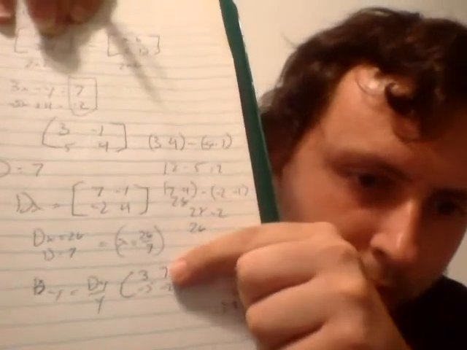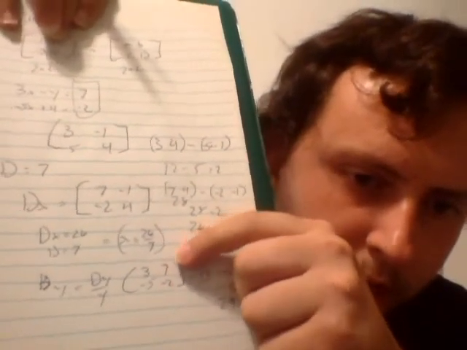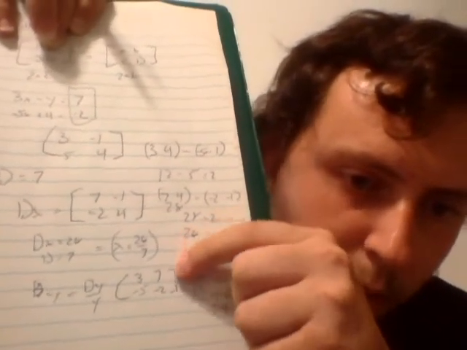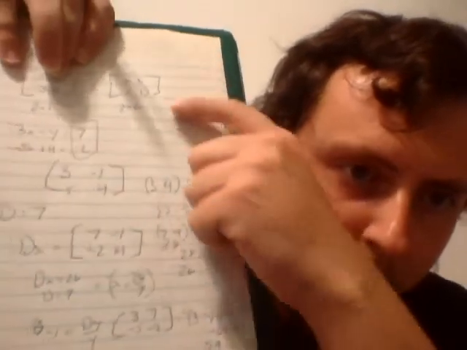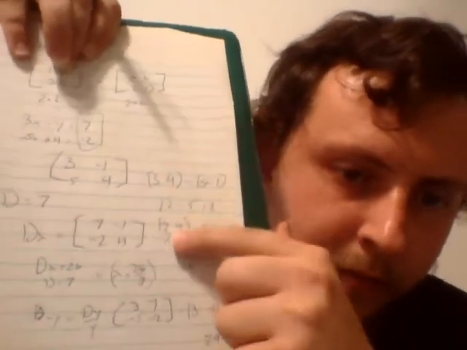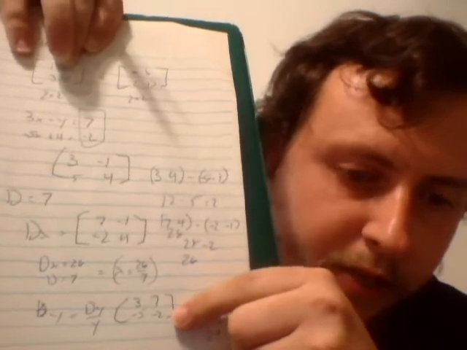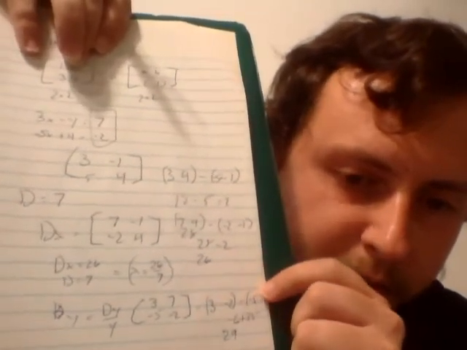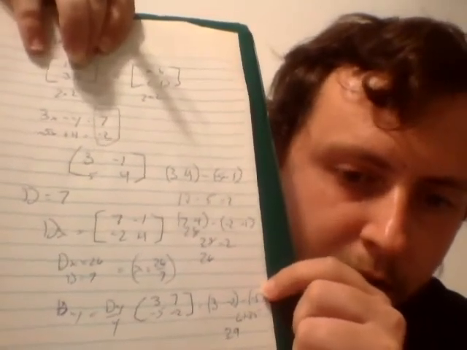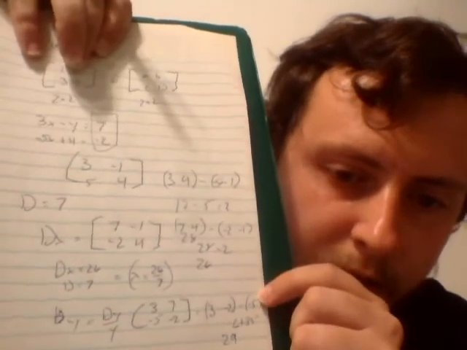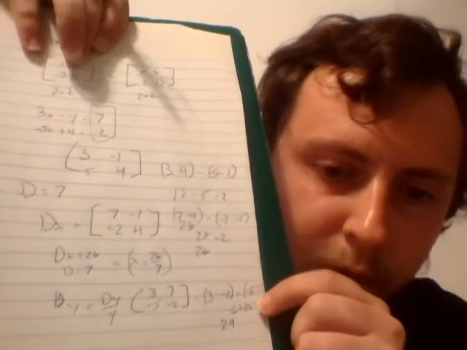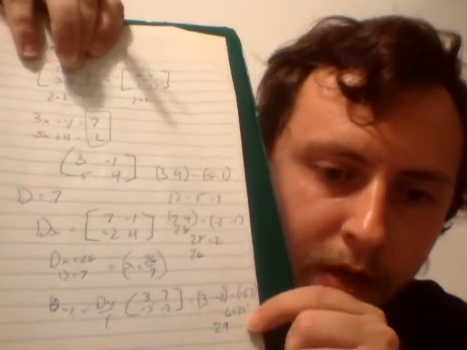Okay, so 3, negative 5, and notice that the 7 and negative 2 are now in the y column. Remember where we got those values from? Here. And they take the place. So that's how you solve for your y determinant. And then you put the values in place here, where the positions would be A, D, and minus B and C. Solve for it, you get your 29.